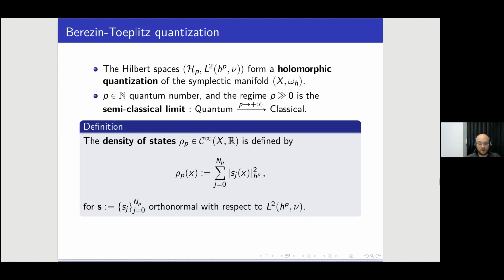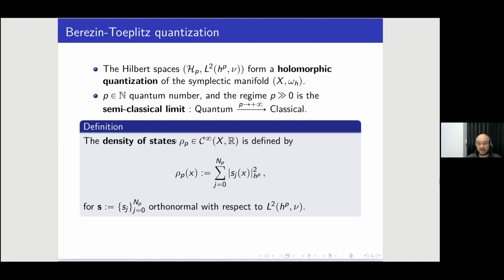The first object I want to consider is the so-called density of states, which is defined as follows. The interpretation is pretty clear: it is a function which tells you how many quantum states are concentrated at a given point. It's the sum of their norm squared for S an orthonormal basis with respect to the L2 product.